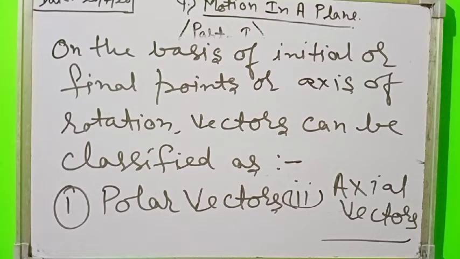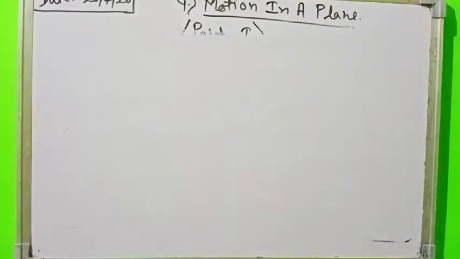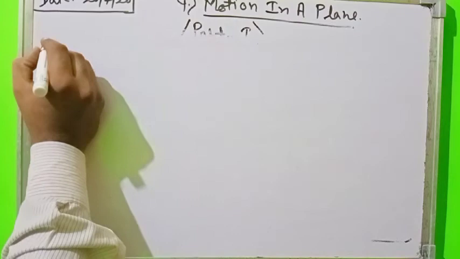So what are polar vectors and what are axial vectors? We will discuss. Which type of vectors are called polar vectors and which type of vectors are called axial vectors. The first one is polar vectors.